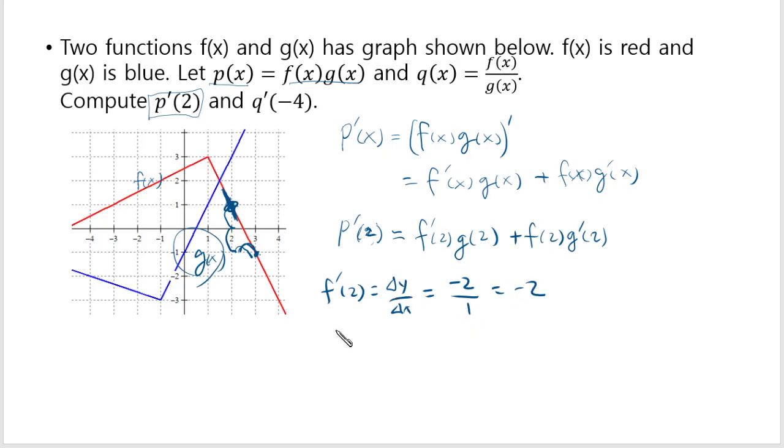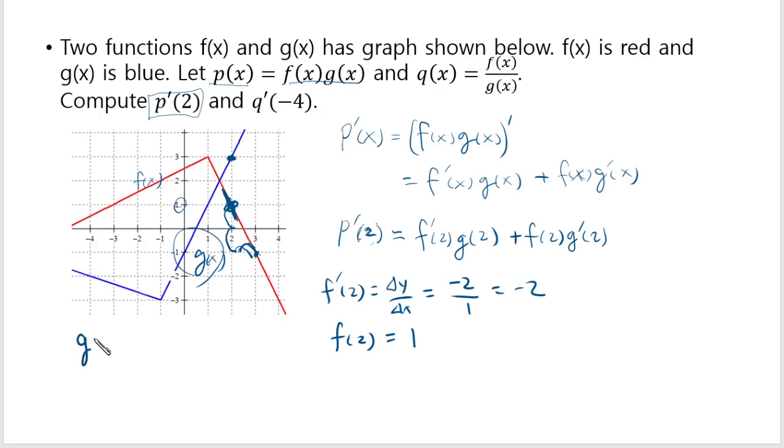Now, what is f(2)? We have to figure that out too, right? At 2, the function has a height of 1, so f(2) is 1. Now we have to do the same thing for g, so let's think about g(2) right here.